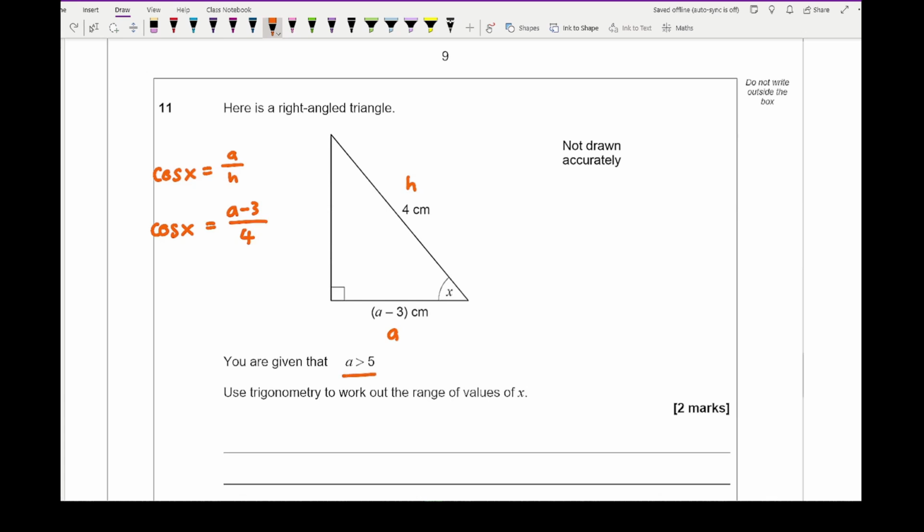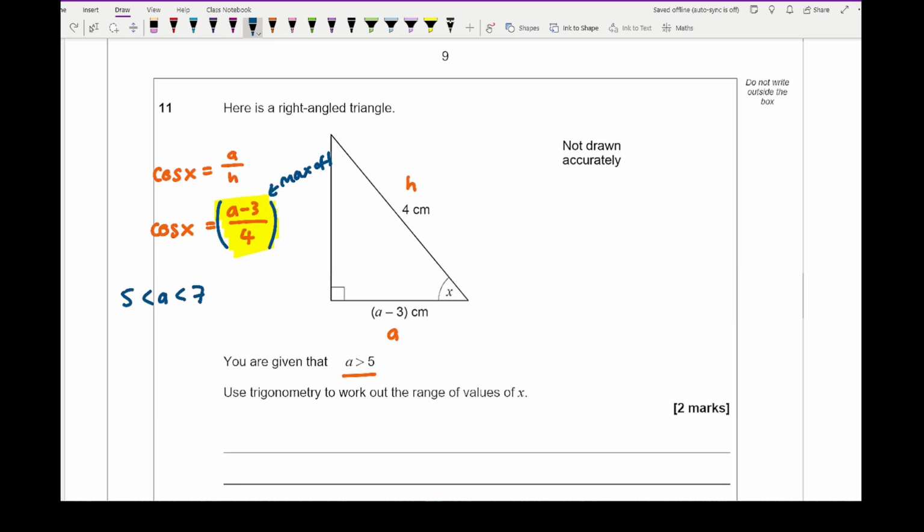The fact that it tells me a is greater than 5, and this fraction has to be a maximum of 1, as a fraction, not just the numerator, means the possible values of a are between 5 and 7. When a is 5, we have 5 minus 3, which is 2 over 4, a half, and when a is 7, we have 7 minus 3, which is 4, divided by 4 gives me 1.